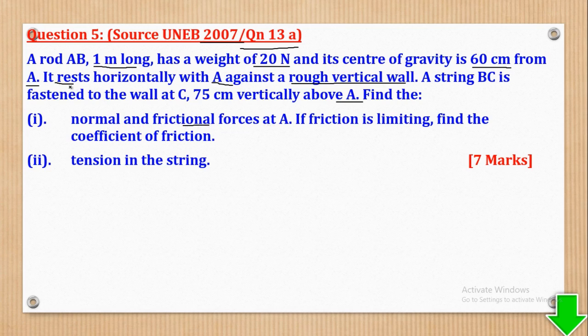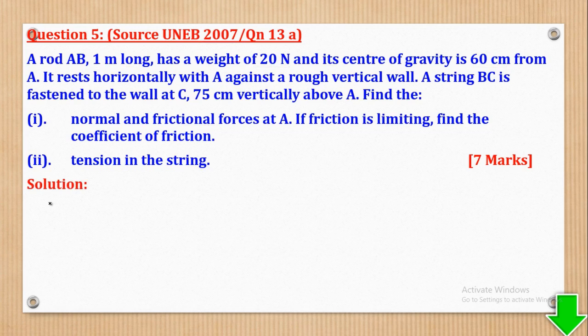If it's a hinge, they just say reaction. That's the only difference, otherwise they are the same as the ladder problem. So find the normal and frictional forces at A. Then after that they said, if friction is limiting, find the coefficient of friction. Then Roman 2, they want the tension in the string.